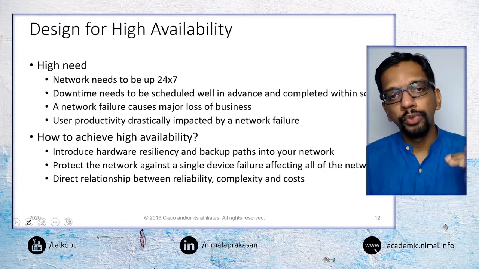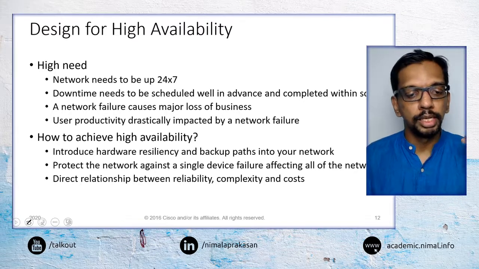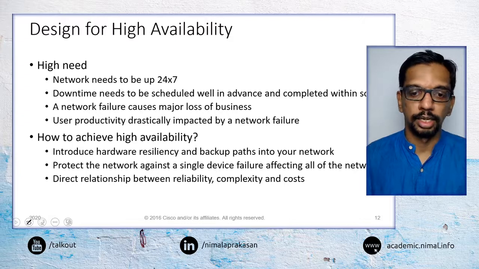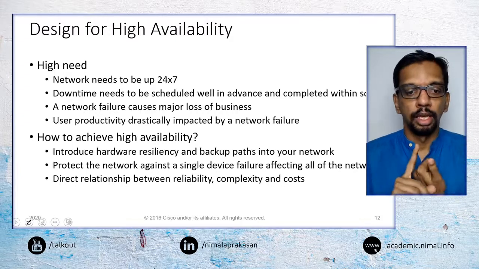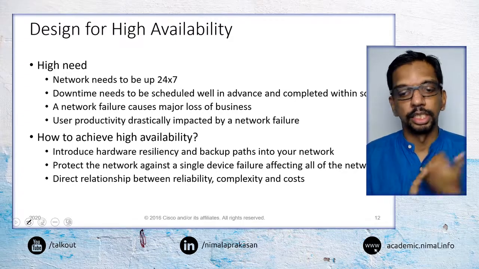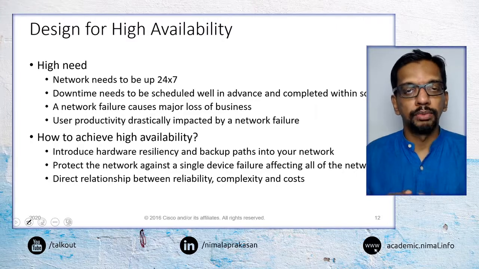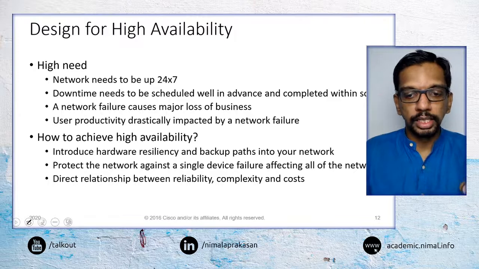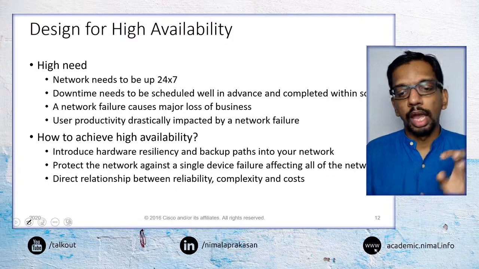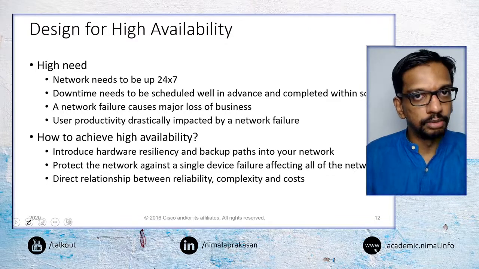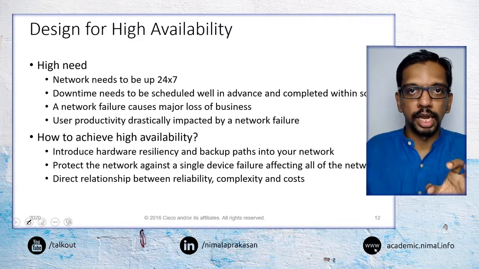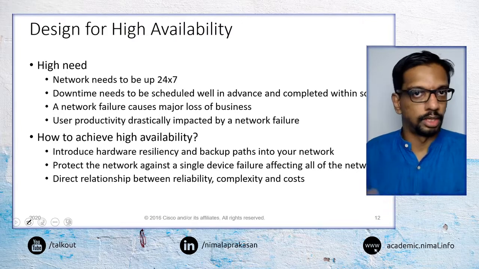And how do we achieve high availability is using some basic techniques. One is having redundancy and resiliency. So that is having redundant pathways for network traffic, redundant devices, and so on. And so even if a single device fails, there's another device that can take up and continue the network connectivity.